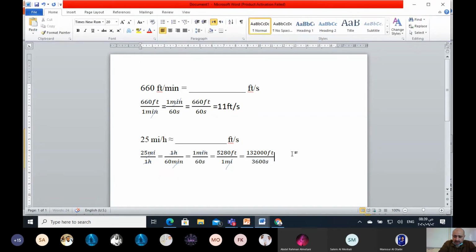Now divide 132,000 by 3,600. The answer is 440 feet per second.